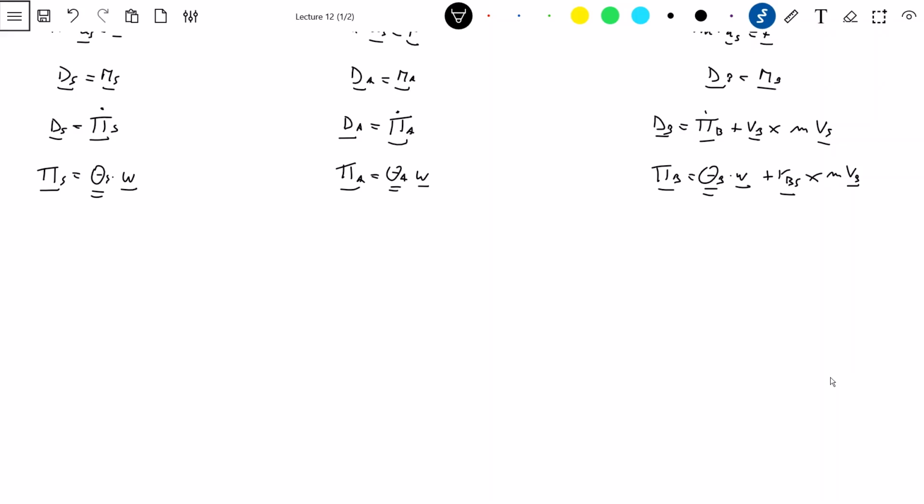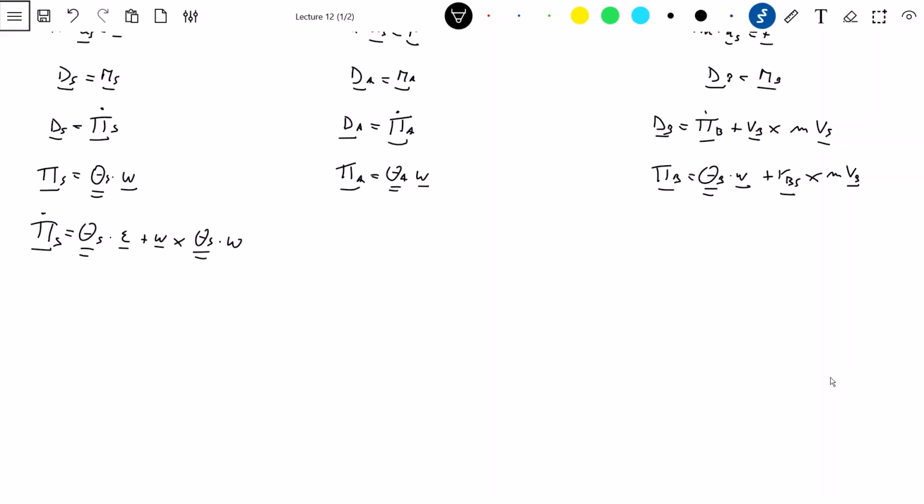And what about the derivative of the angular momentum, which we need to compute the kinetic moment? So pi S dot is equal to the derivative of this, so it is theta S times epsilon, the angular acceleration, plus omega cross product theta S times omega.